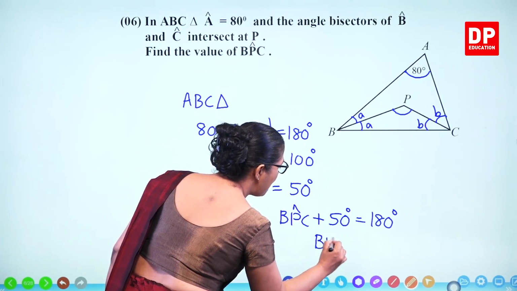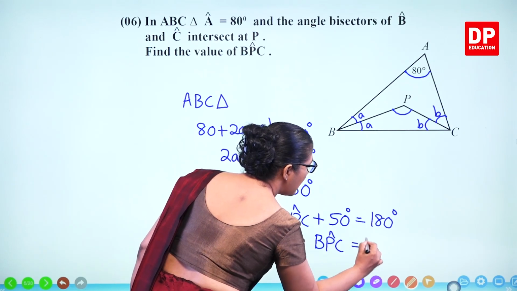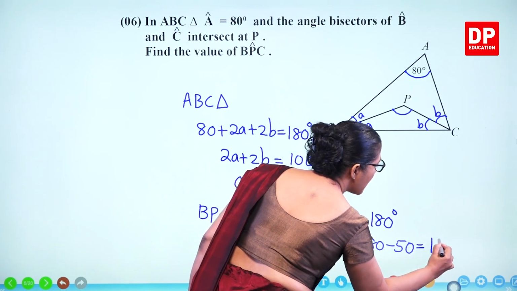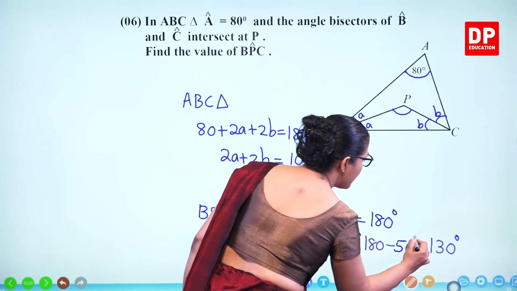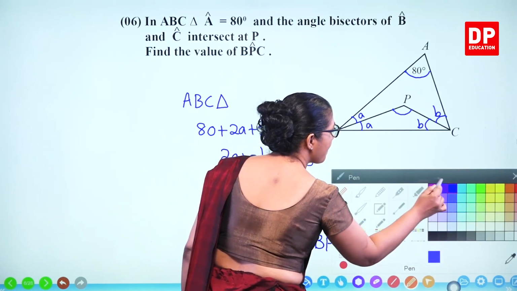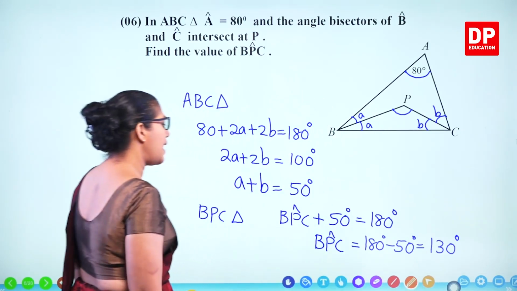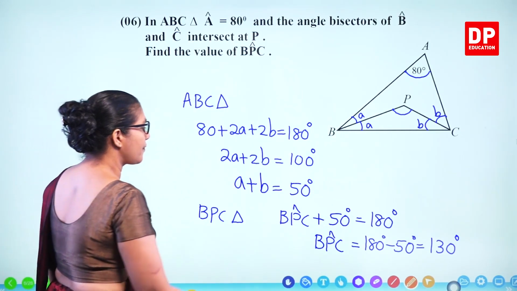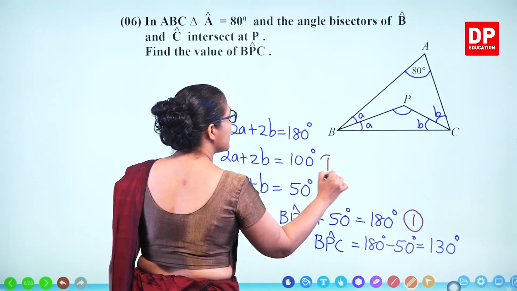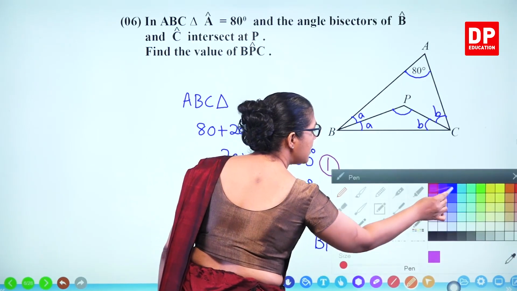So what is angle BPC? 180 minus 50, that's 130 degrees. So 2 marks again: 1 mark for the method and 1 mark for the answer.